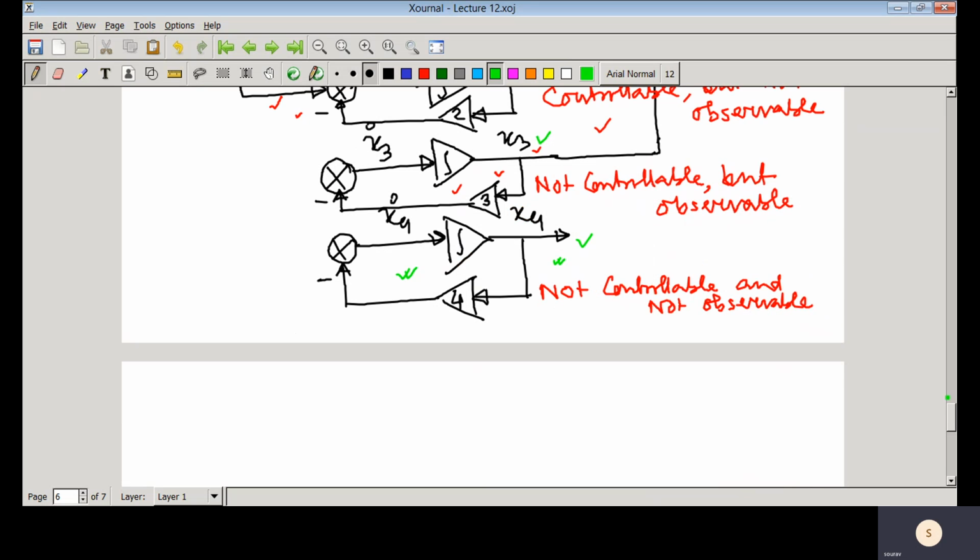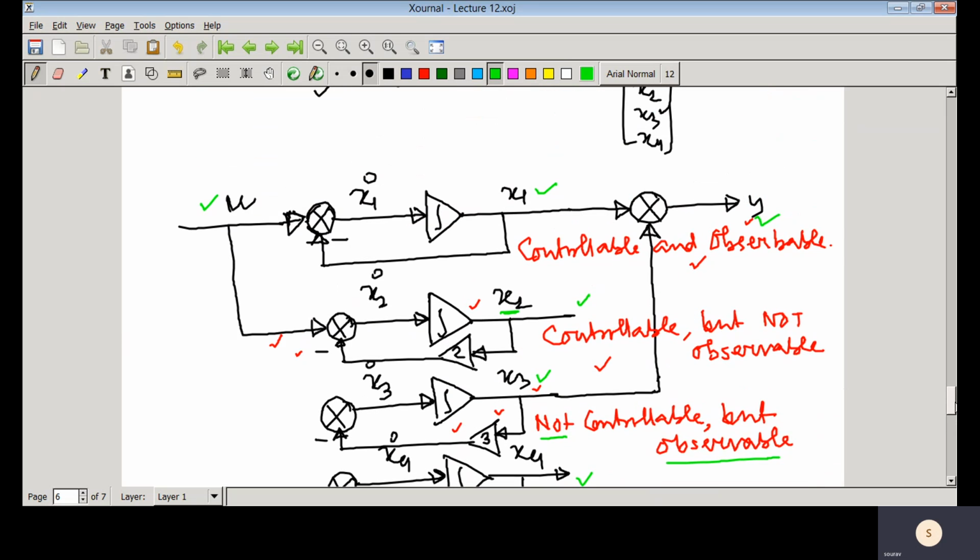And here you can see this is observable but not controllable, as the control input is not connected, and this state is completely isolated, so it is neither controllable nor observable.